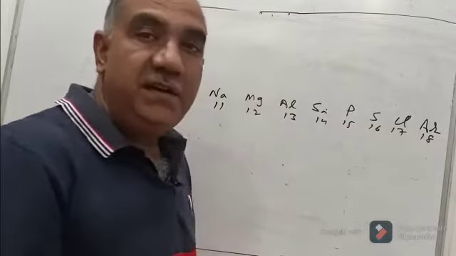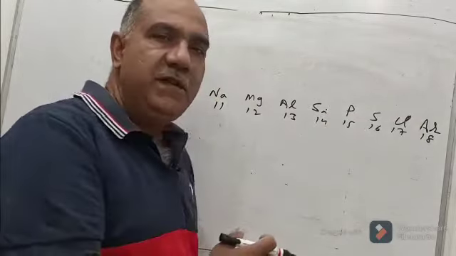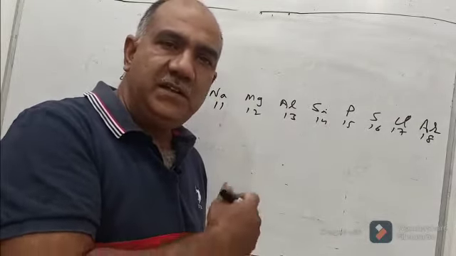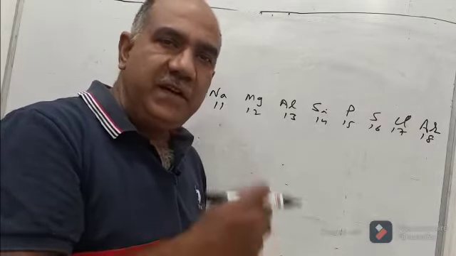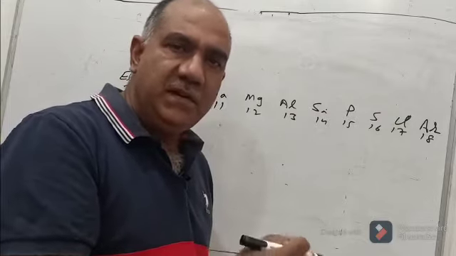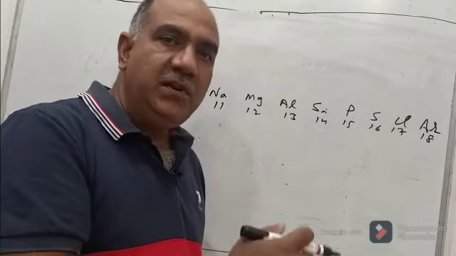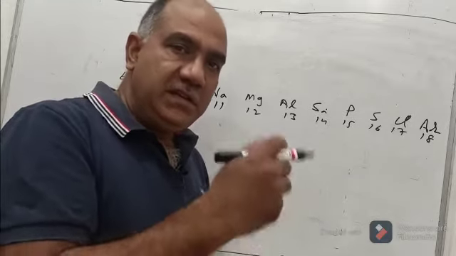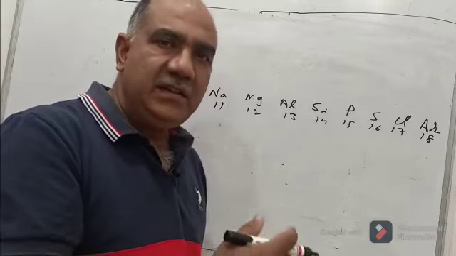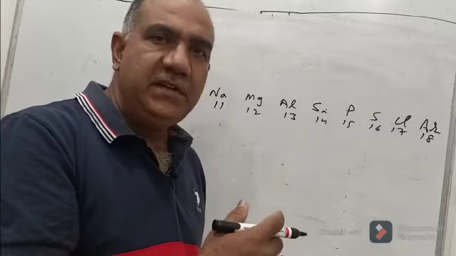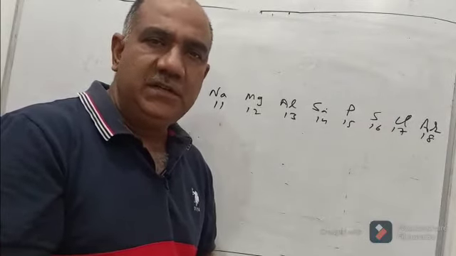Sometimes it is very funny if I ask my students why atomic numbers when we move across a period are consecutively changing like this. So see, the very basis of our arrangement of elements into the modern periodic table is according to Henry Moseley's law, modern periodic law, and that law states that we are supposed to arrange elements in the increasing order of their atomic numbers, not mass numbers.